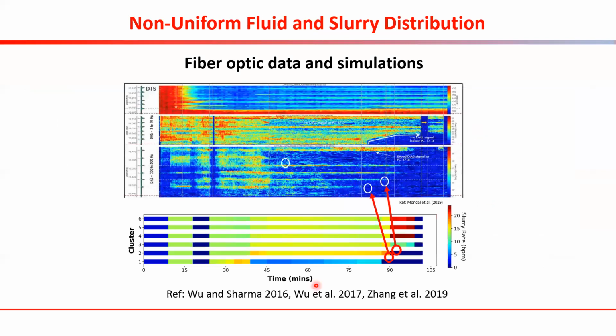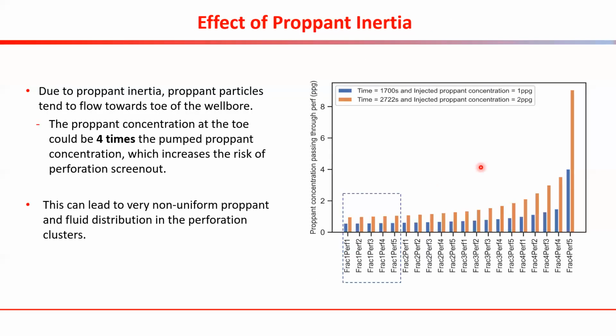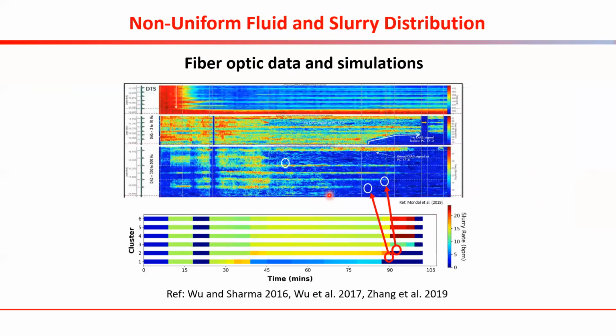We got into this business primarily because of some fiber optic data that was being collected by Shell at the time in 2016, and the large concentration of sand towards the toe leads to screening out of some of the perforations towards the toe, and this screening out is observed in these fiber optic data, in the DAS data that you see here.